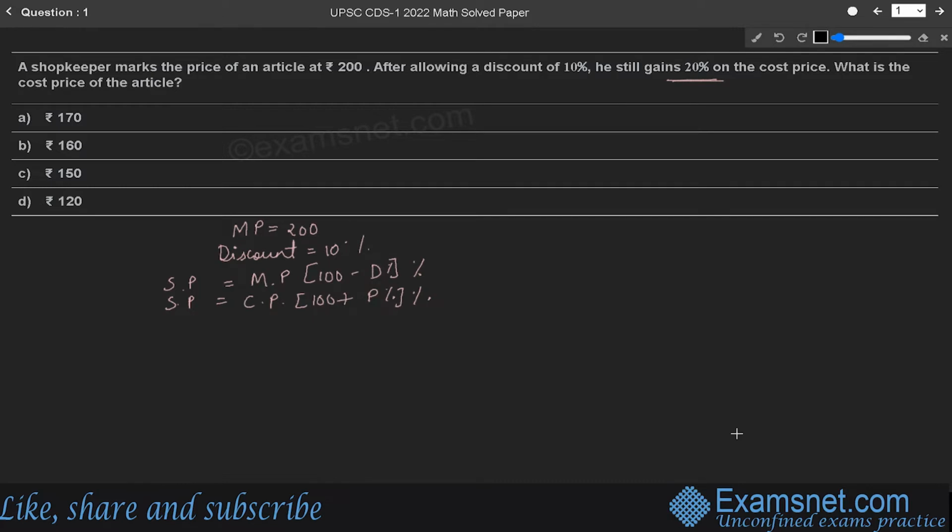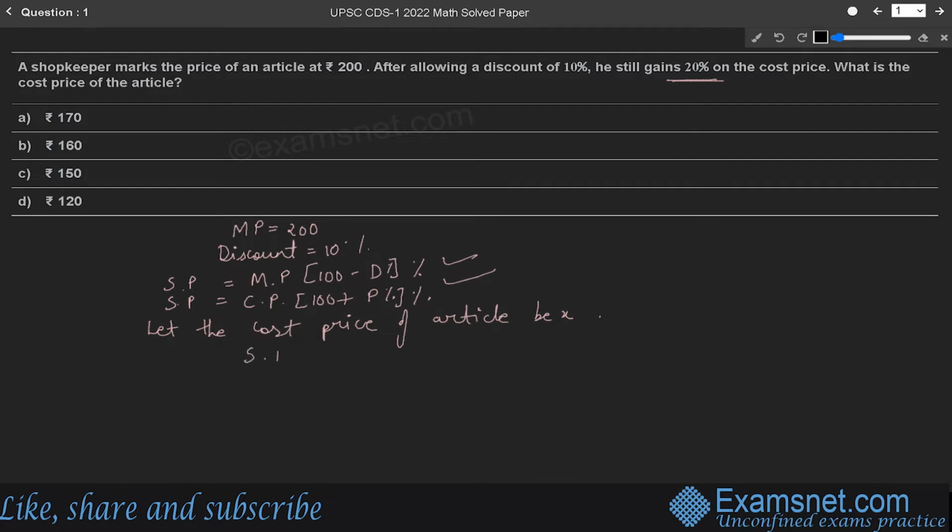Now we have to calculate the cost price of the article. So first let the cost price of the article be X. Now using these two concepts we will solve this question.